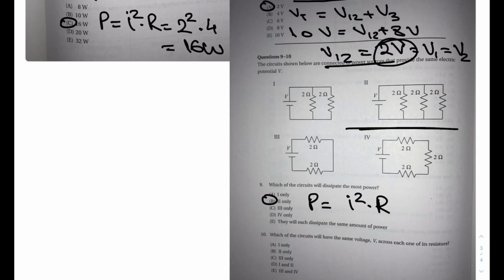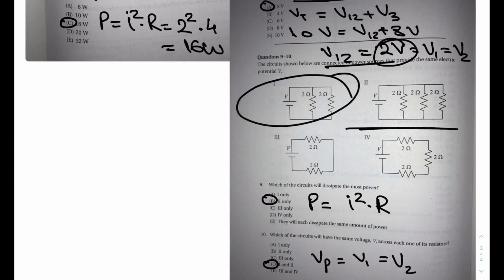Alright, which of the circuits will have the same voltage V across each one of its resistors? Same resistors in parallel receive the same voltage. So it's D, 1 and 2.